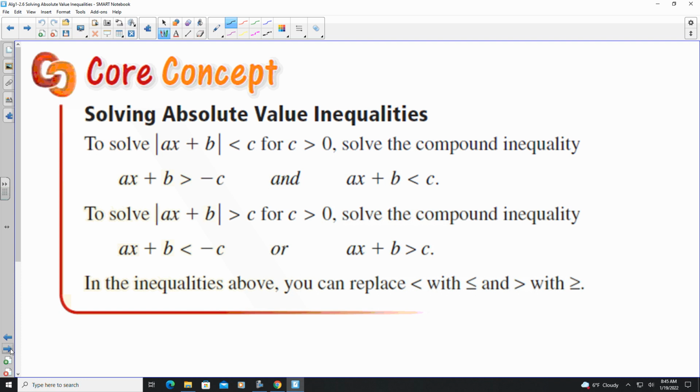The first thing that we have to keep in mind when you have an absolute value inequality is we must isolate that absolute value.